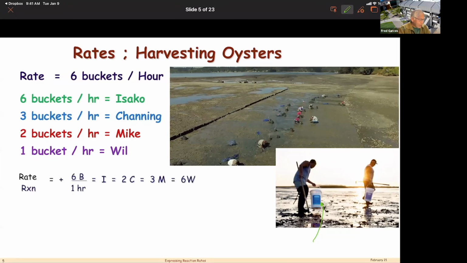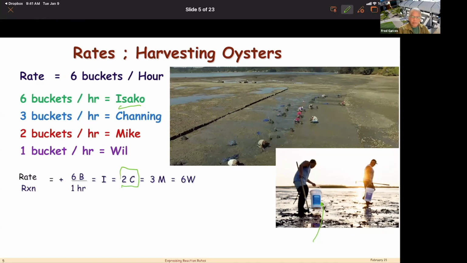So what we have is this right here. If you can collect 6 buckets per hour, that's Isako, okay, that's his name, then it takes 1 Isako to collect 6 buckets per hour. On the other hand, Channing can only collect 3 buckets per hour. So it takes 2 Channings to equal 1 Isako, okay?